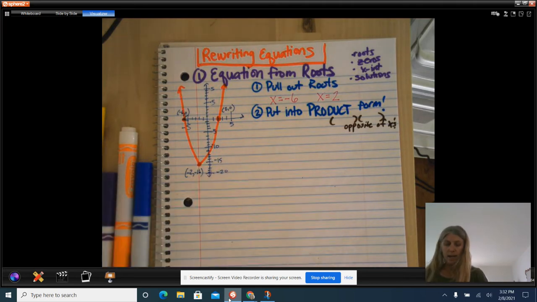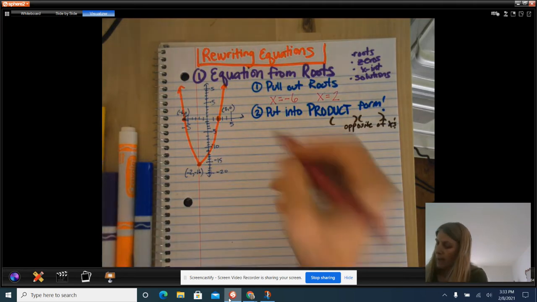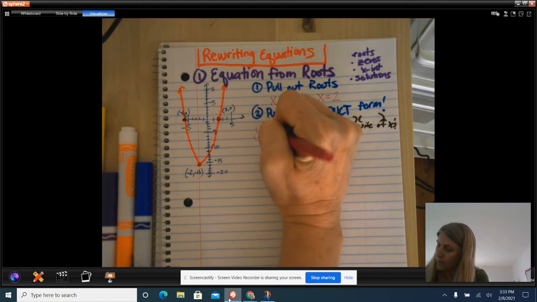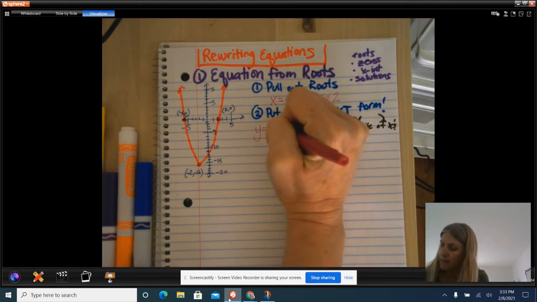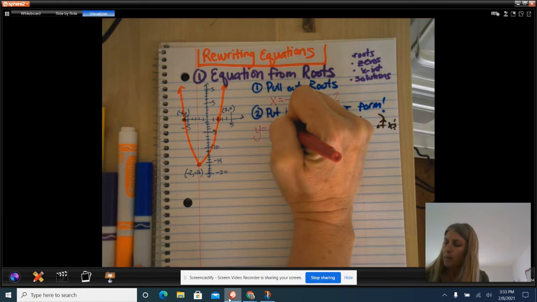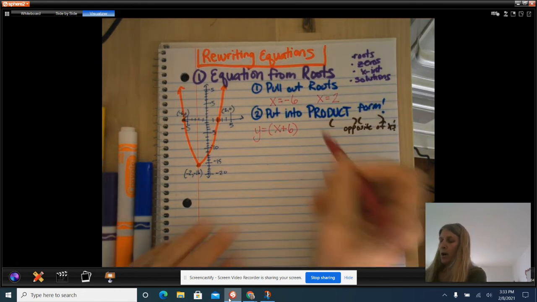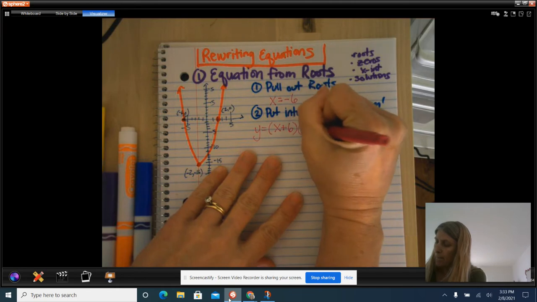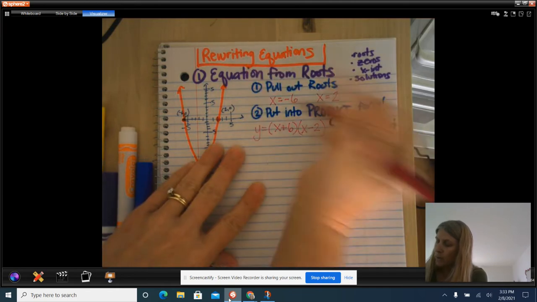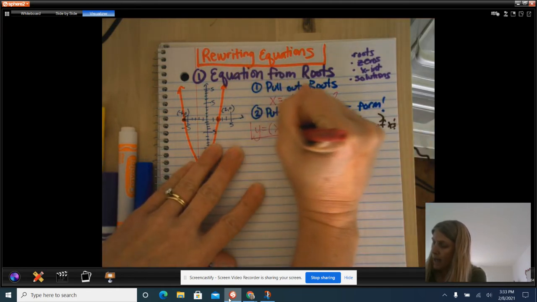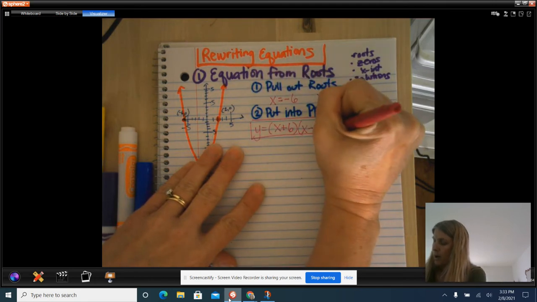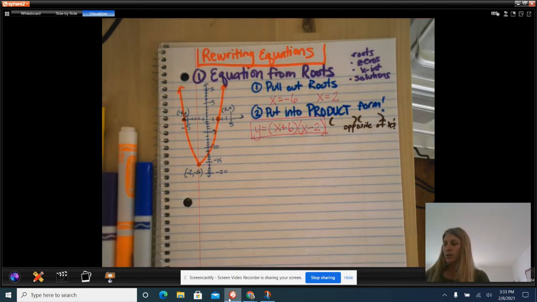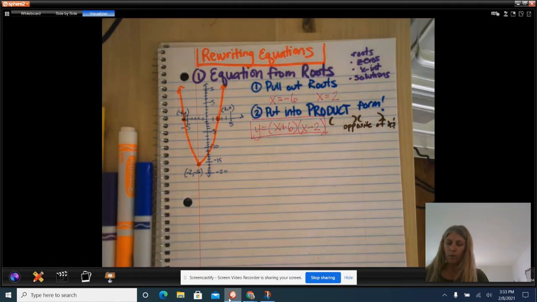So we're going to set this up as y is equal to, our first root was -6, so that's going to be x plus 6. Our second was +2, so that's going to be x minus 2. So we've already transformed our picture into our product form.